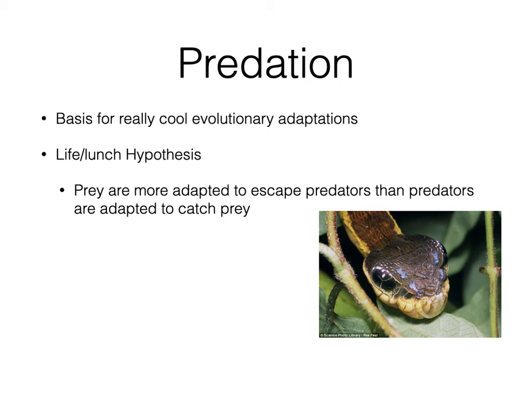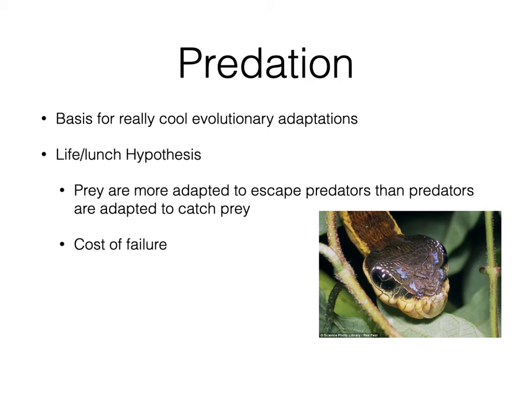And the reason for this general trend is because of the differential cost of failure, right? If prey were less successful at escaping predators than predators were at catching prey, then the prey would not survive for a very long time. Because prey need to get away to live, and if a predator misses an opportunity to eat, they don't die.